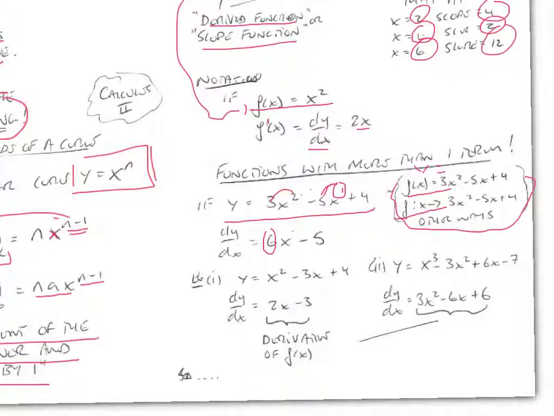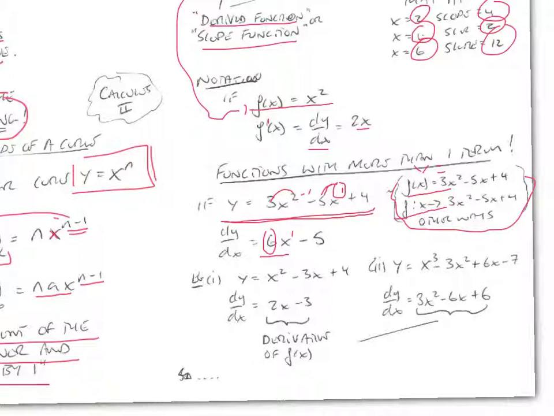It disappears, because anything to the power of 0 is just 1. So y equals 3x squared minus 5x plus 4, dy/dx is equal to 6x minus 5.